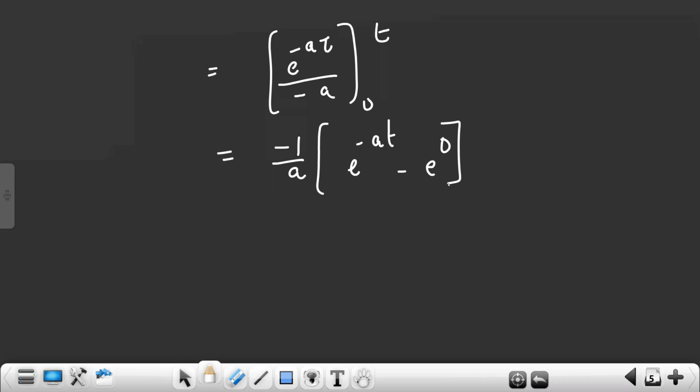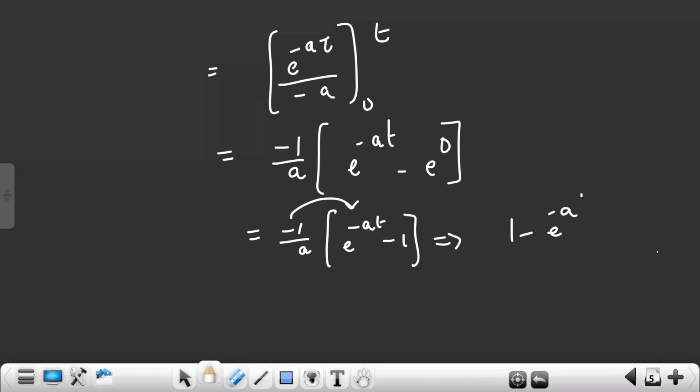E to the power 0 is 1. So the answer will be minus 1 by a into e raised to minus 8t minus 1. Now you can take this minus into the bracket, so it will be 1 minus e raised to minus at whole divided by a. The condition is t greater than or equal to 0.